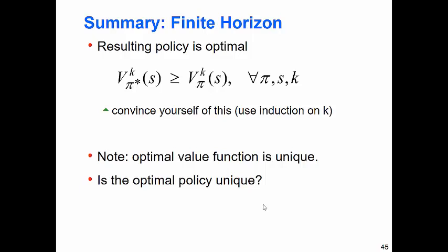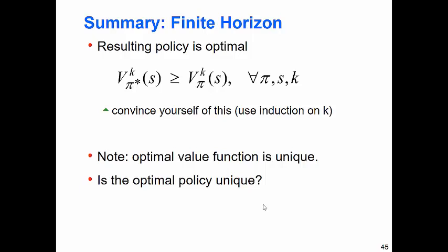All right, so in summary, we've been talking about the finite horizon setting for MDPs, and we showed you how to use dynamic programming to compute the optimal value function and the optimal policy in that setting. It's worth thinking about whether or not the optimal policy is unique.